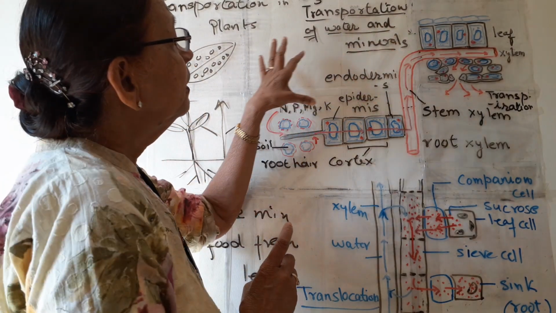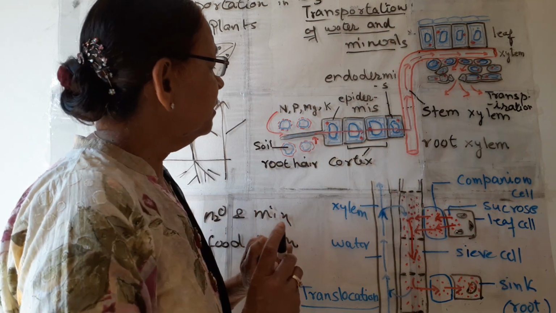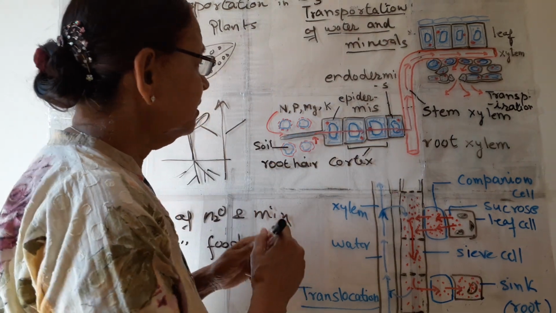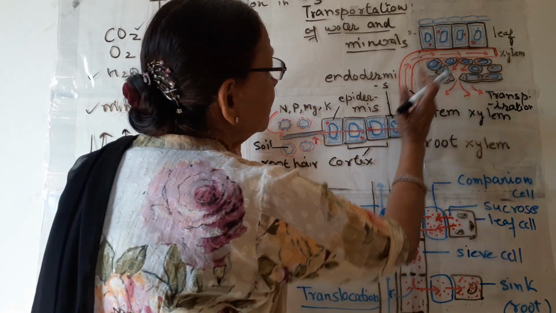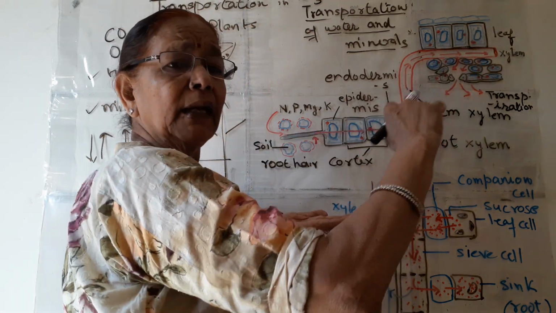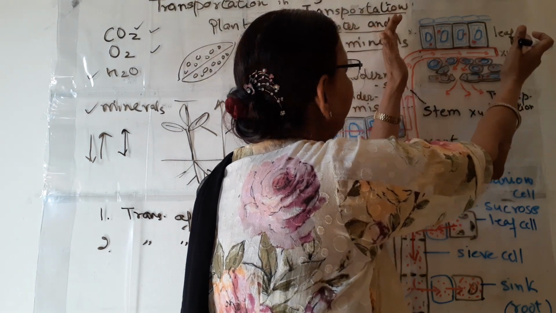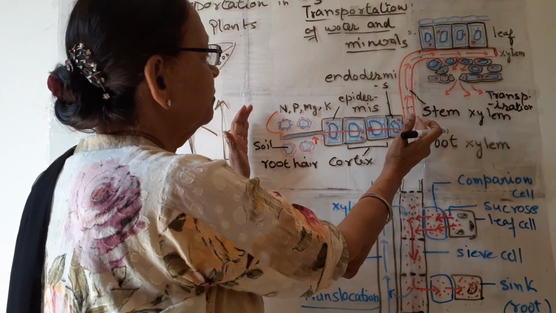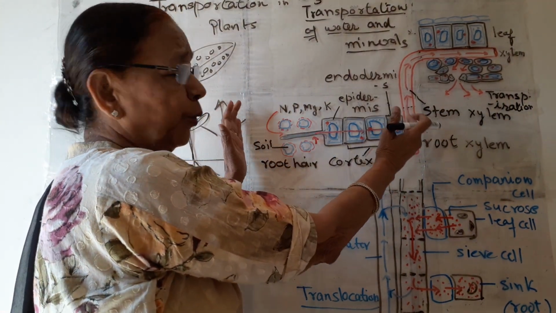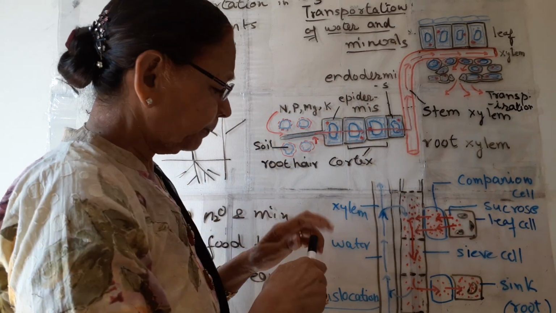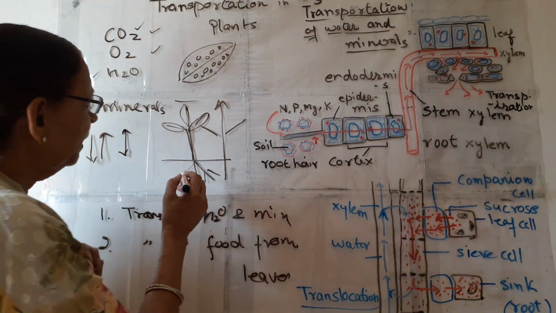So this is the diagrammatic representation. What are these structures? This and this are in transverse section. This is the transverse section of the leaf and this is the transverse section of the root. All of you know, this is the root of the plant.